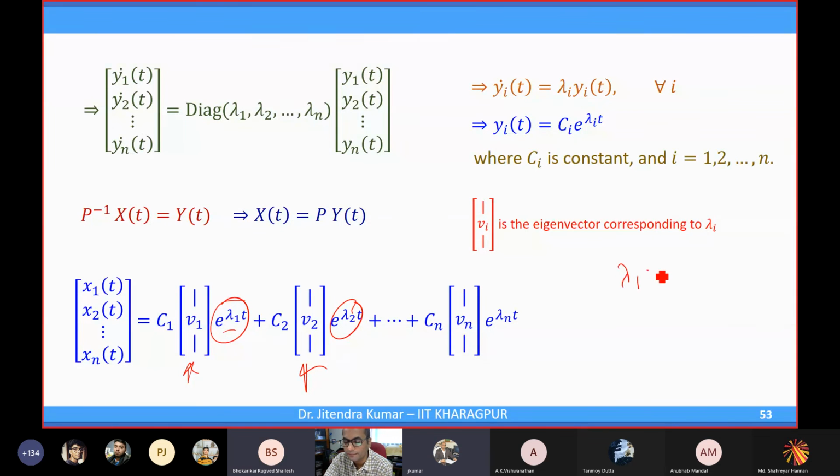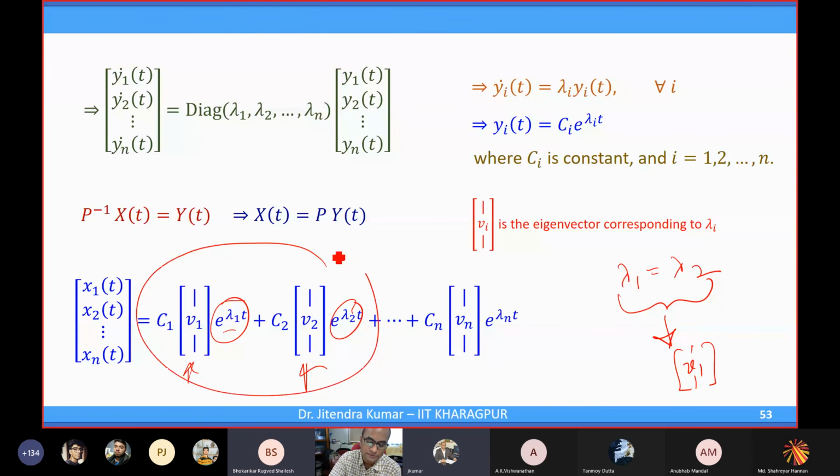So writing this does not make sense, because you have e power lambda t and these vectors are the same, so you are getting just one constant.